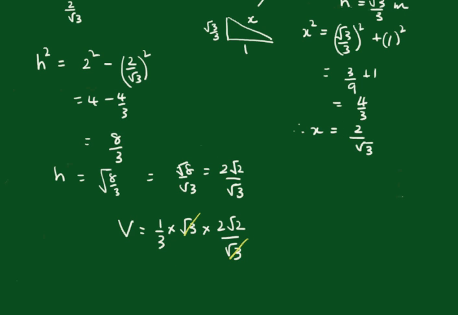And we get the final result of the volume being 2 root 2 on 3 units cubed. An excellent example of the exact value of the volume of a tetrahedron.